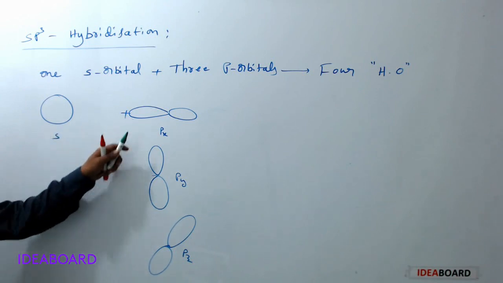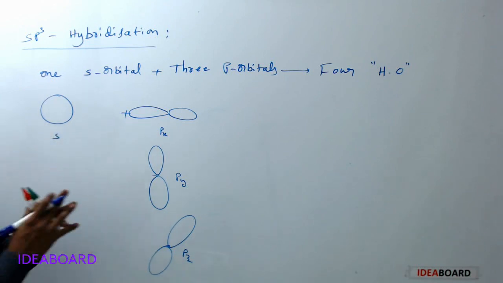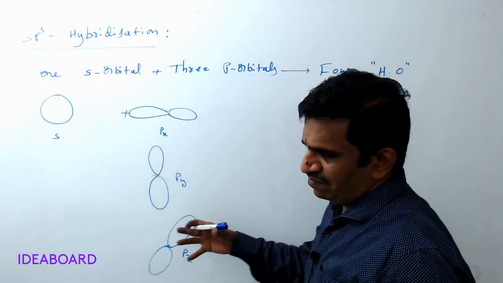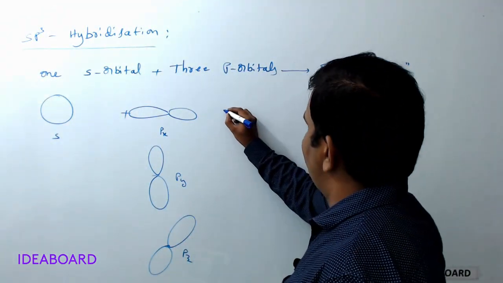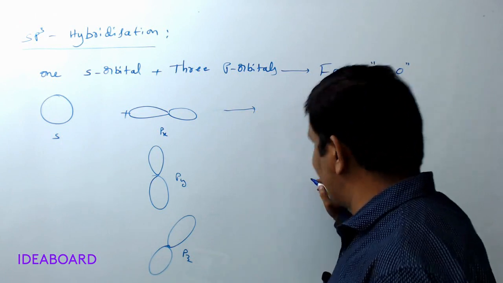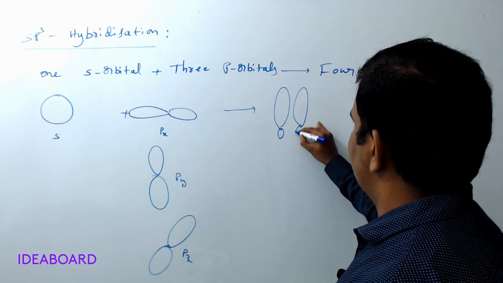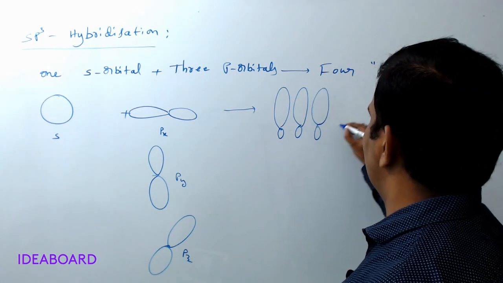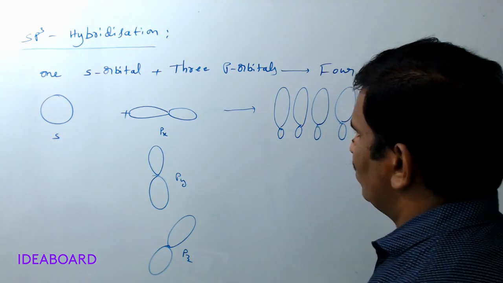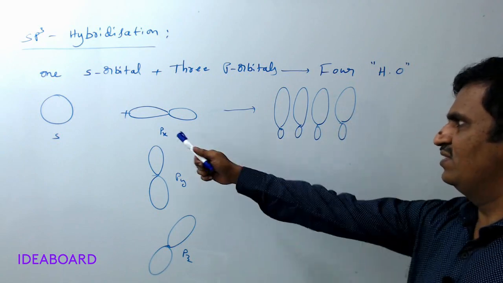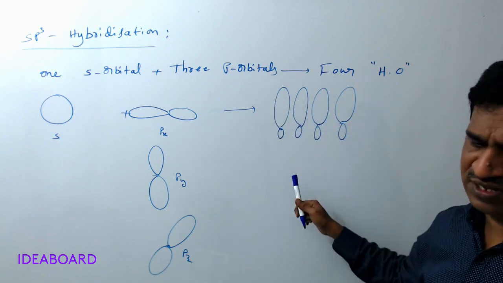This 1 and this 3 are intermixing. The s orbital and these 3 p orbitals are mixing, and finally it gives 4 identical orbitals. This is 1 and this is 2 and this is 3 and this is 4. 4 identical and new orbitals are formed. This process is called sp3 hybridization.